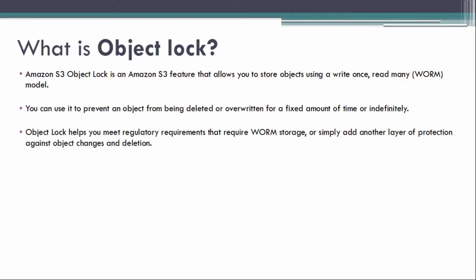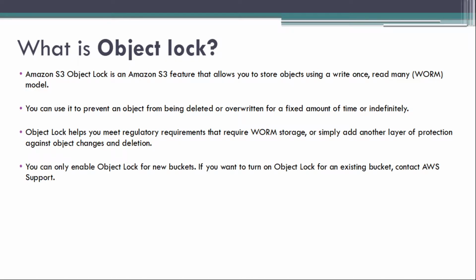Object lock helps you meet regulatory requirements that require WORM storage or simply add another layer of protection against object changes and deletion. So if you want to apply another layer of protection, you can enable object lock, so you can prevent your object from deletion or being overwritten.